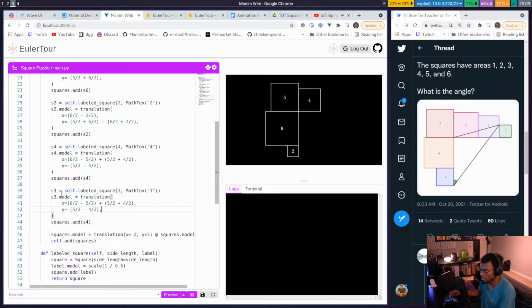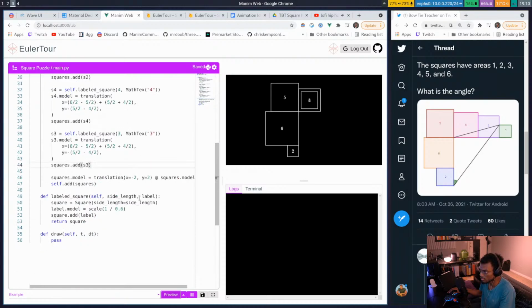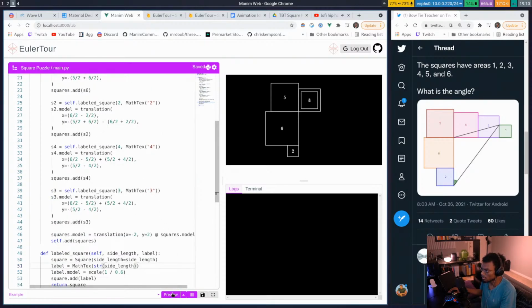I guess there isn't much point in passing this number twice. Side length. Let me just make the label here. Label equals map type, string of side length. I think this won't change anything.